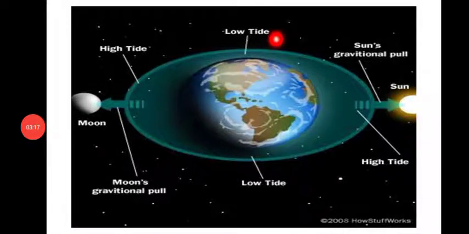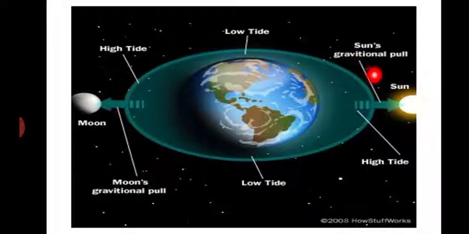So during the low tide, the moon will be in this position, and during the high tide the moon will be either in between earth and sun, or on the other side. If the earth is between the moon and sun, then this causes the high tide.